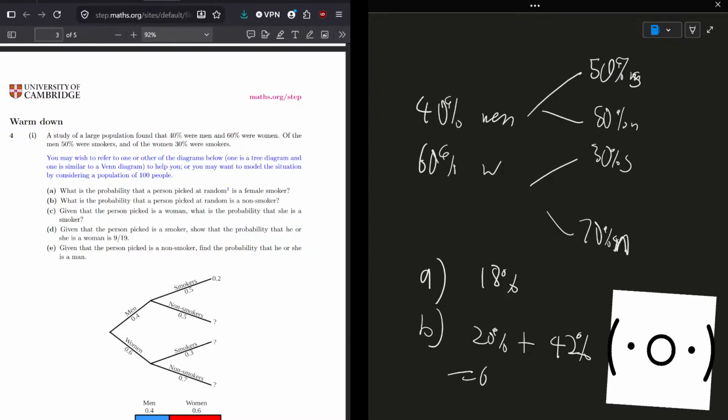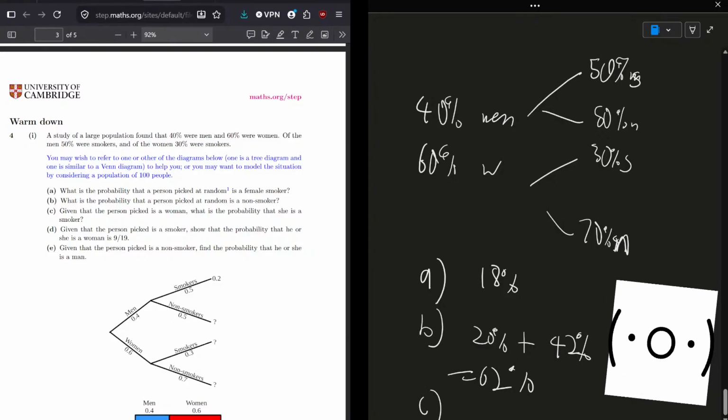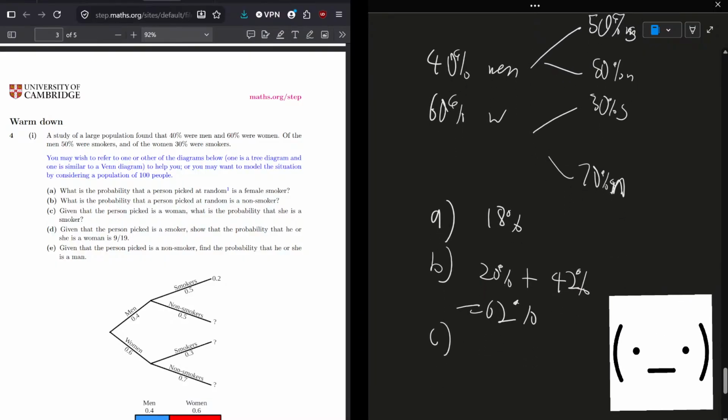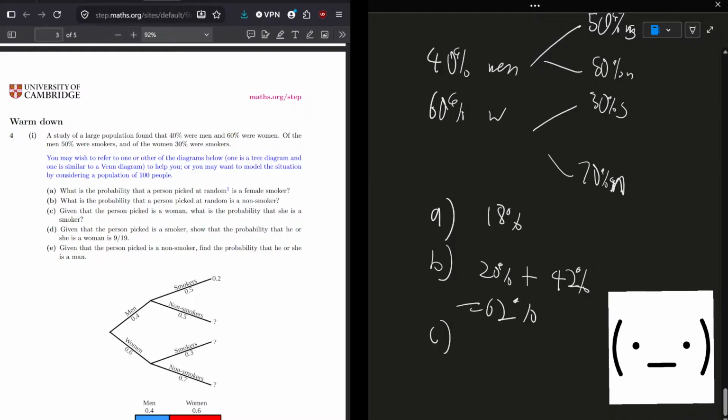I'm sorry. So, 62%. C. Given that the person picked is a woman, it is 40%.